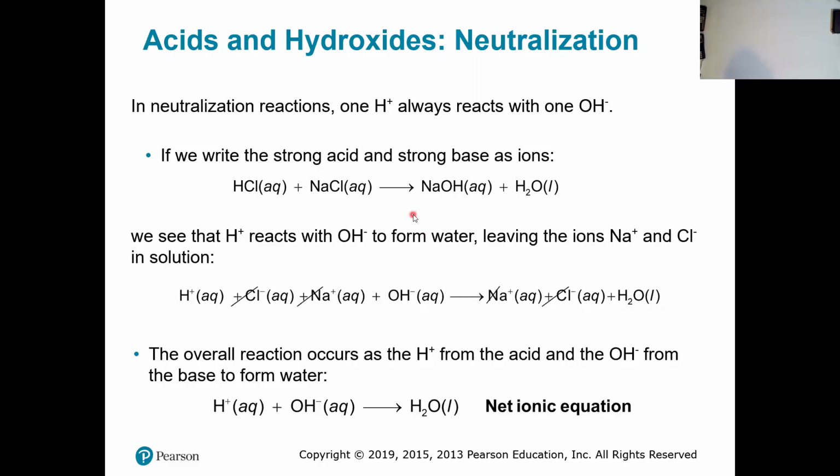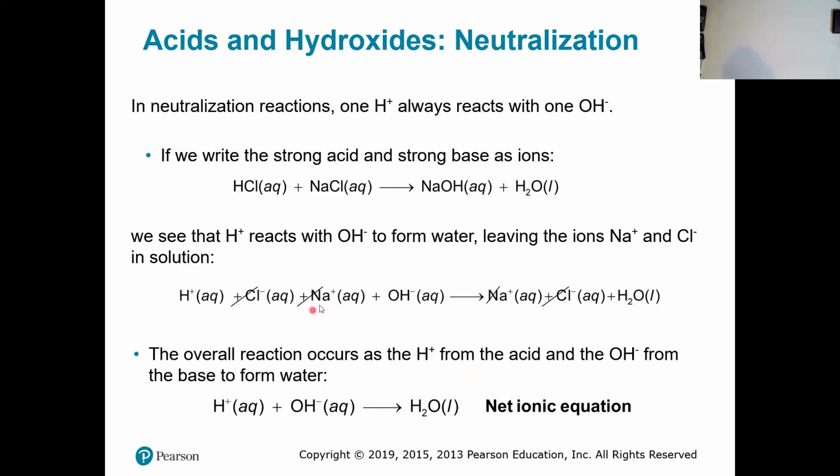Okay. For any neutralization reaction, when we are looking at a strong acid and a strong base, we're going to see that the same net ionic equation will always occur from any strong acid, strong base reaction. And you remember the process of finding our net ionic equation. We look at our overall reaction. We break up all of the aqueous components into their individual ions.